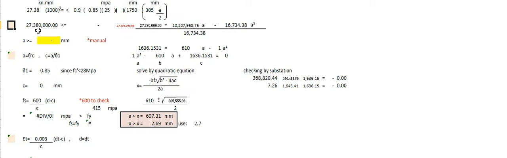Ultimate moment is 27.38 times 1000 to the power 2 to convert to kilonewton millimeter, equal or less than 0.9 times 0.85 times 25 times a times 1750 times 305 minus a over 2. So to calculate a using quadratic equation, a is equal to 2.7.